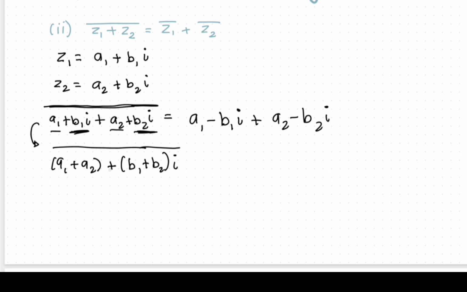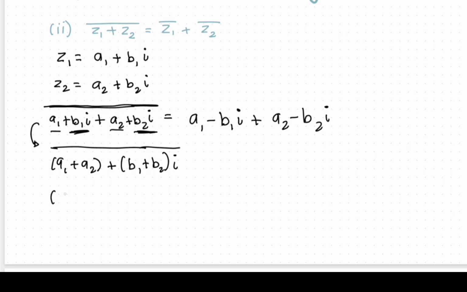So we see that this is actually a complex number, right? We can assume that maybe this is the ultimate A and this is the ultimate B. It would be A plus BI. So this whole thing is a complex number, and now we just take the conjugate of a complex number. We switch this sign to a minus.